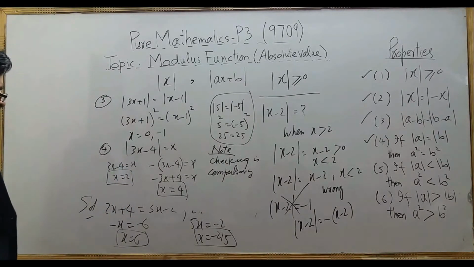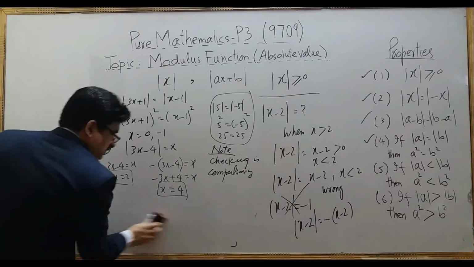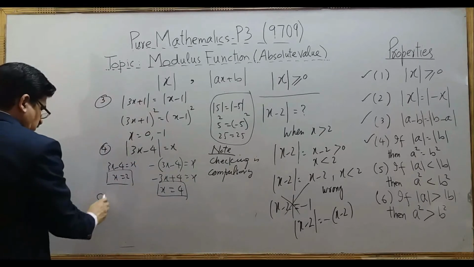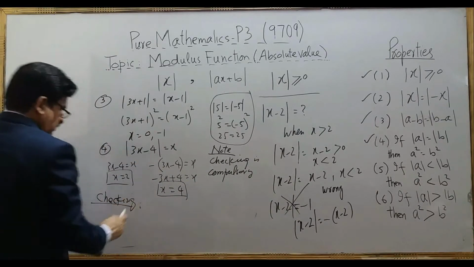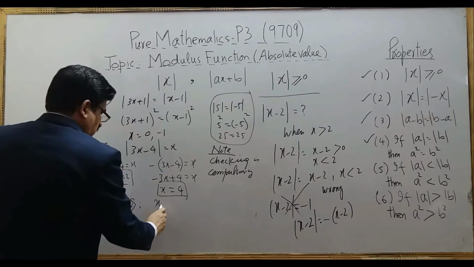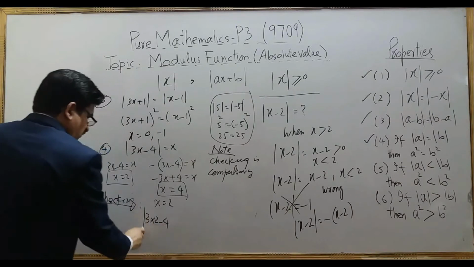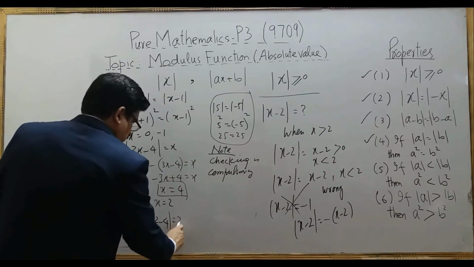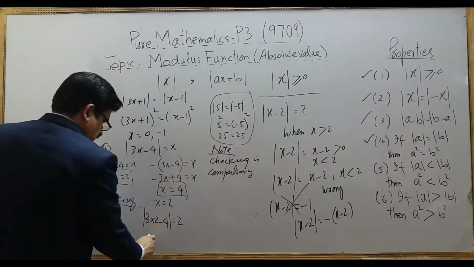Now see that, check. Now checking, taking x equal to 2, put into this equation: |3·2 − 4| should be equal to 2. 6 minus 4, yes, this is true.